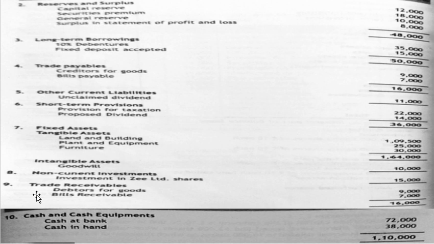Next we have working note 9, trade receivables. Under trade receivables we'll have debtors and bills receivable, which will give you a total of 16,000.